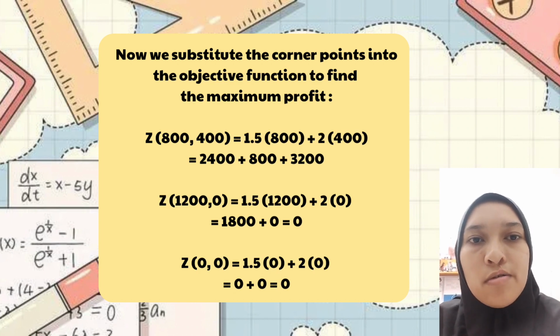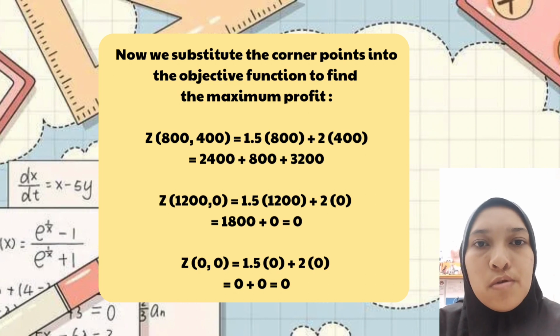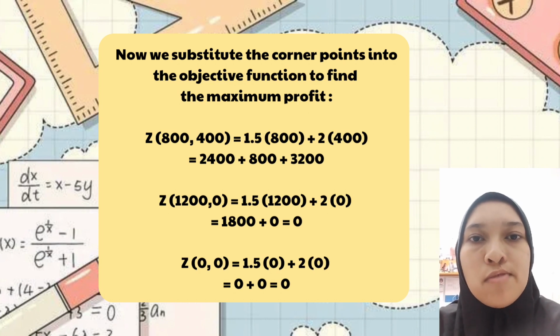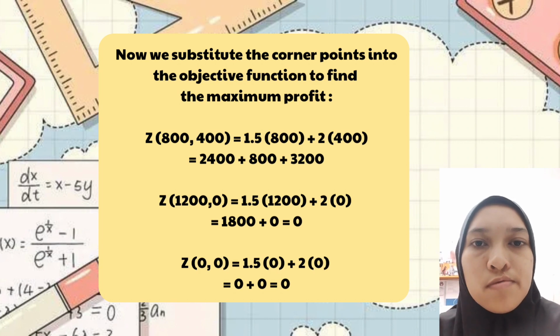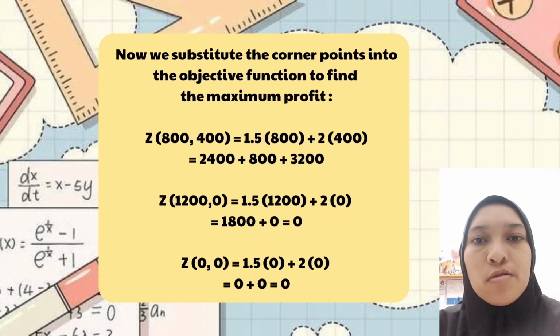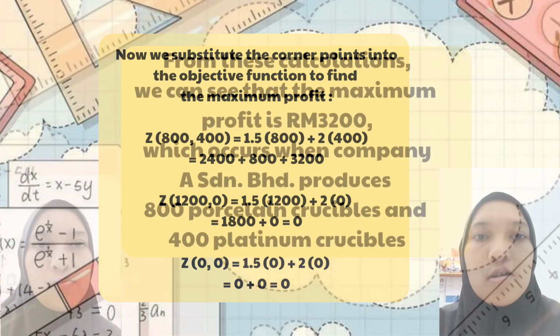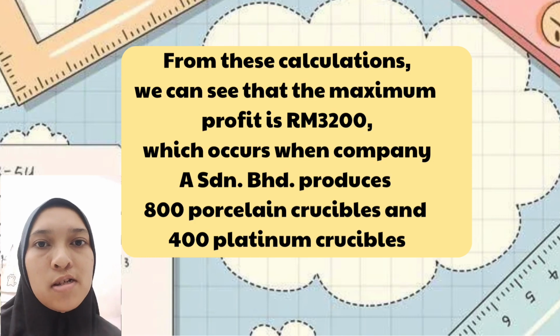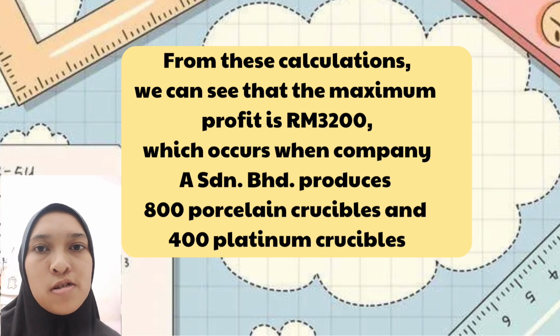Then we get Z at (0, 0) equals 1.5 times 0 plus 2 times 0, equals 0 plus 0, equals 0. From this calculation, we can see that the maximum profit is RM3200, which occurs when the company produces 800 porcelain crucibles and 400 platinum crucibles.